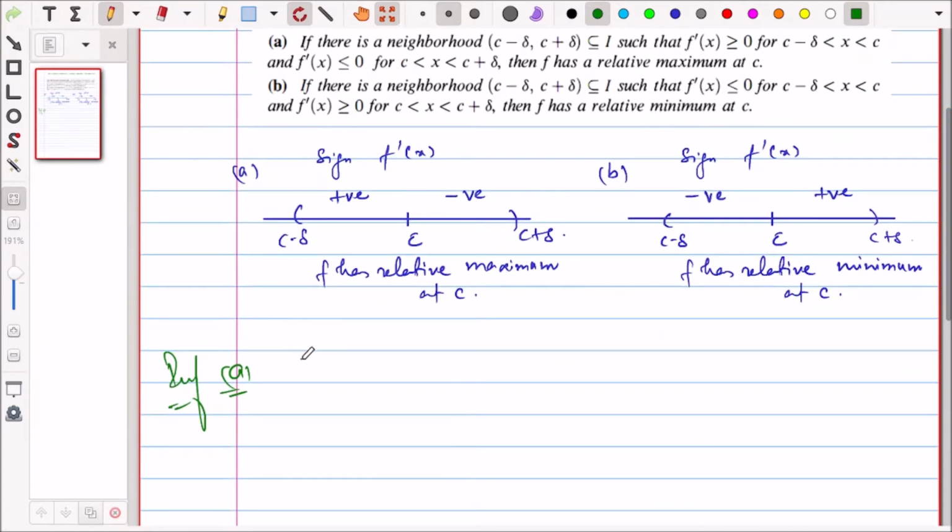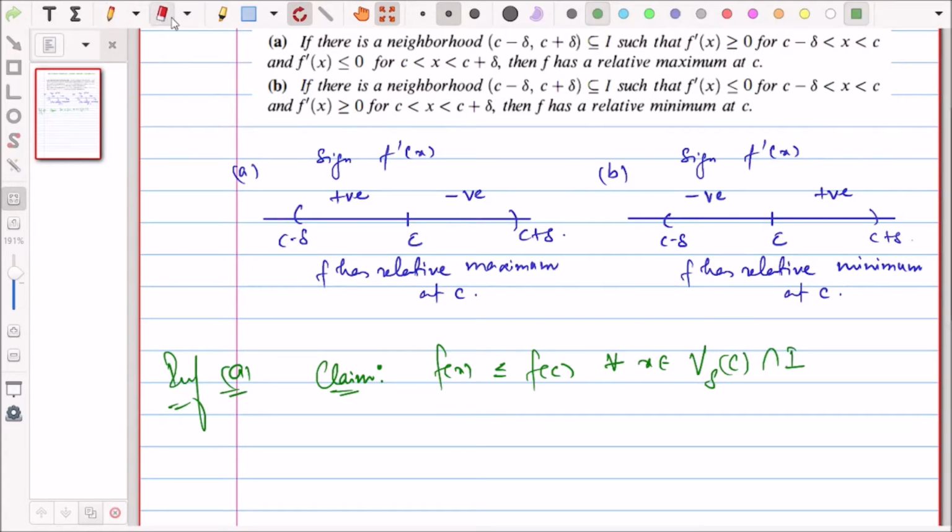Claim: we will show that f(x) is less than or equal to f(c) for all x belonging to V delta(c) intersection I. In fact, this V delta(c) is contained in I, so we don't need to take the intersection with I, because it will be equal to V delta(c), which is equal to (c minus delta, c plus delta). So this is what we are going to prove.